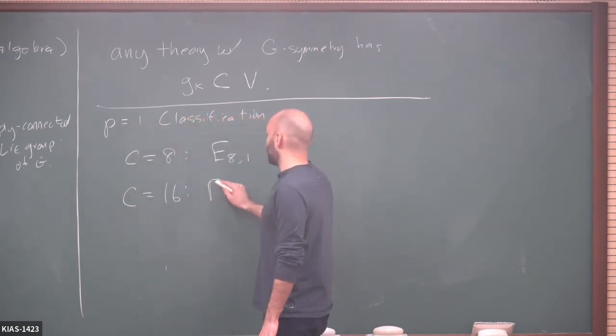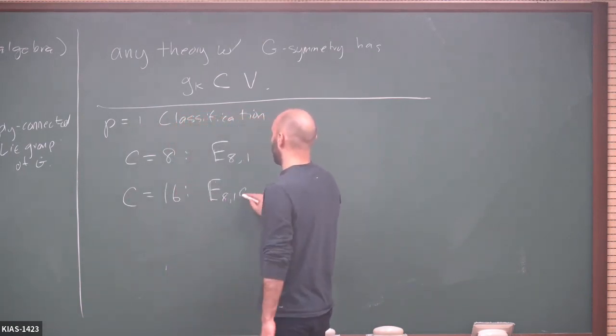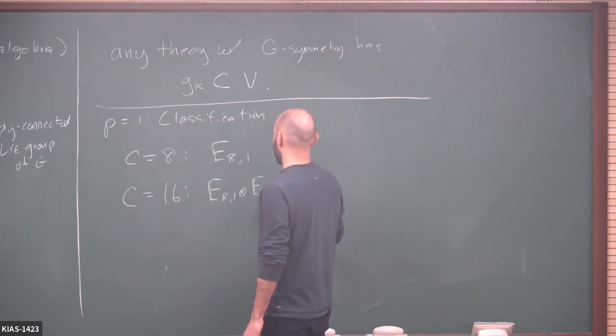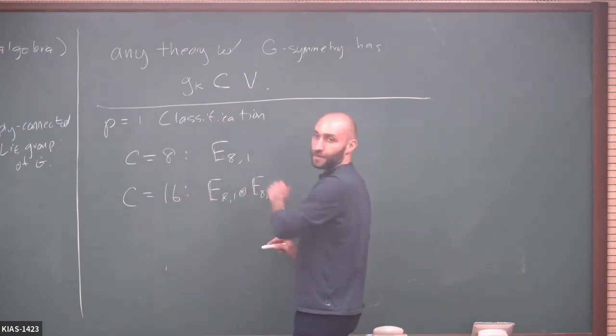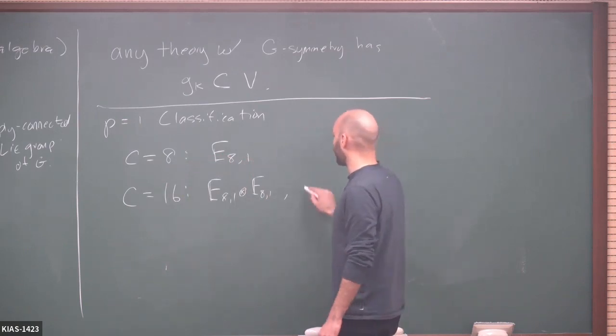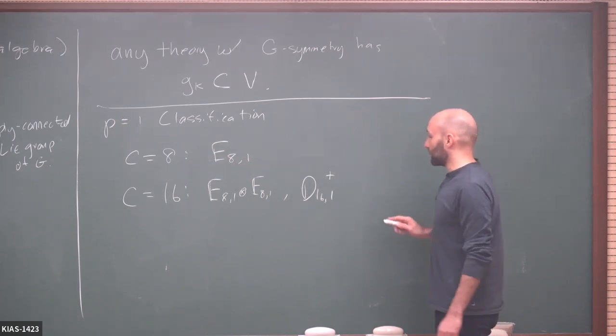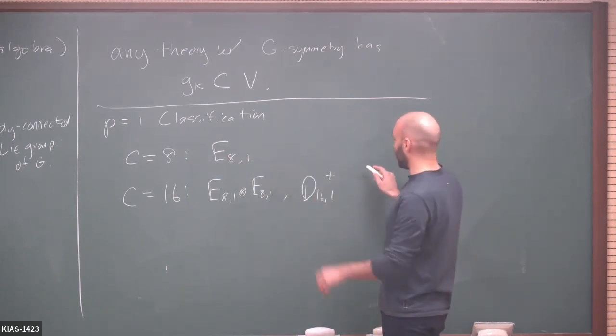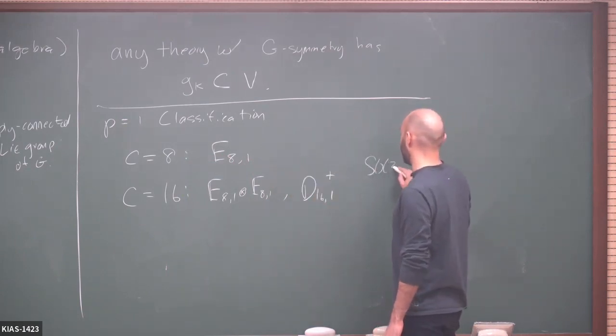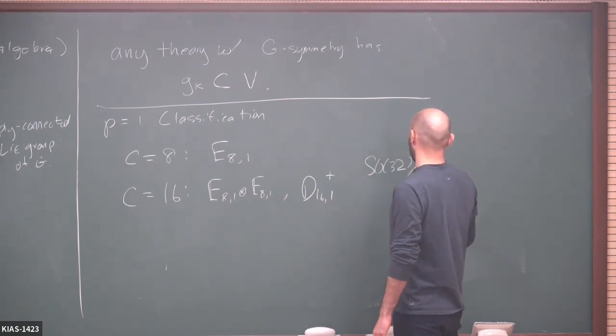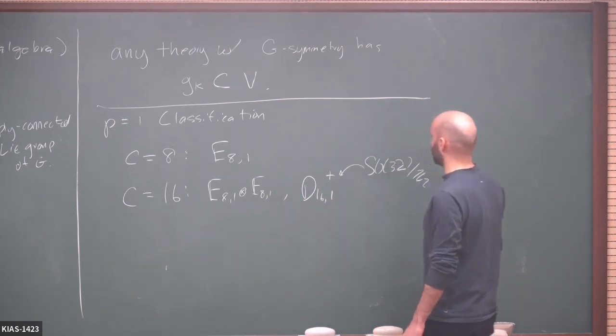When C equals 16, of course, you can always just take a tensor product of the theory that you had at C equals 8. It's a little boring, but there's also a new theory. So what this plus means is that you take the target instead of being SO(32) to be SO(32) mod Z2, but it's not terribly important.